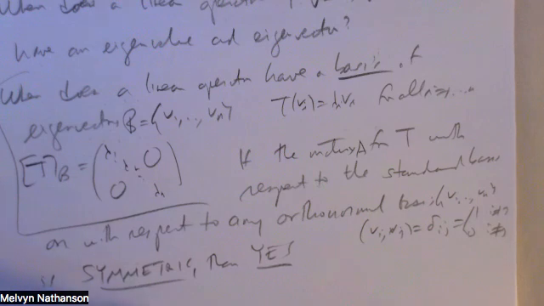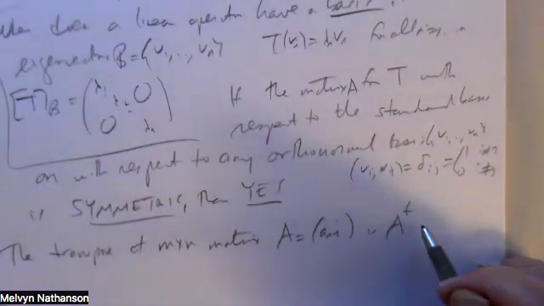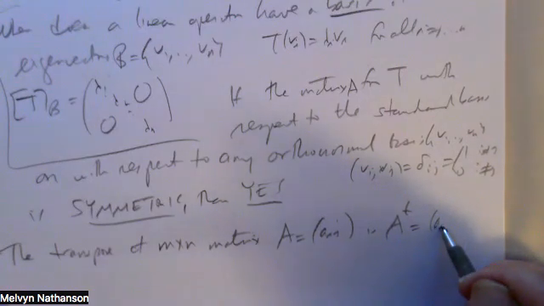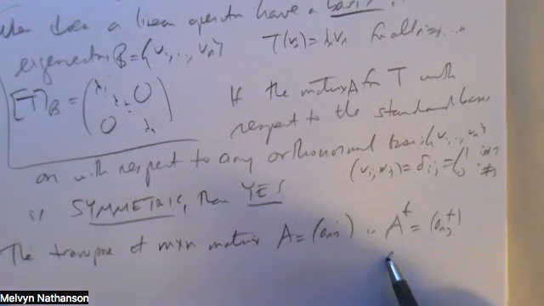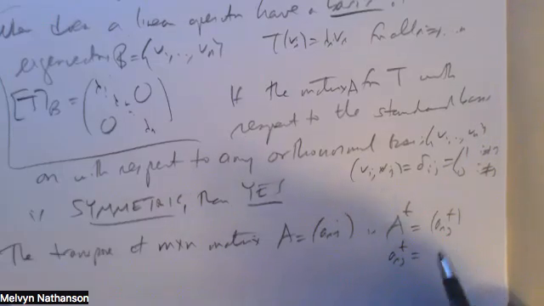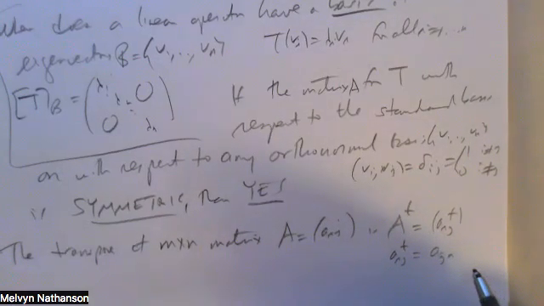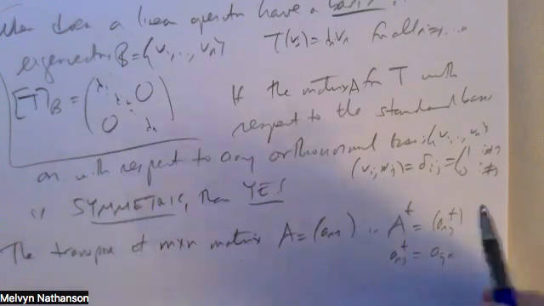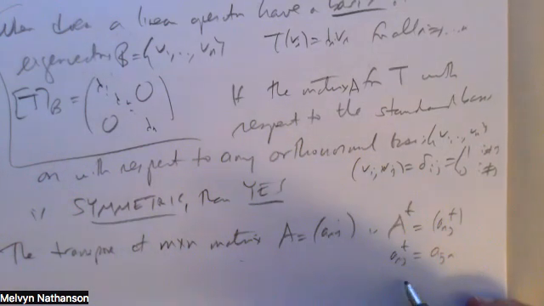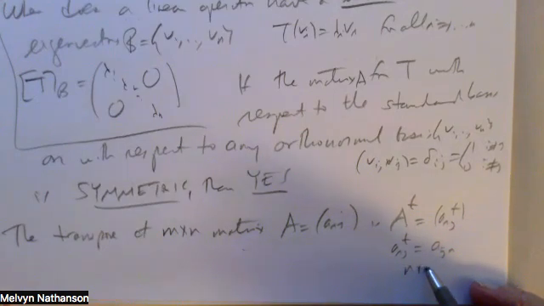What does symmetric mean? Remember, the transpose of an m by n matrix A is A superscript T for transpose, where the ijth component of the transpose is the jith component of A. So if A is m by n, A transpose is n by m.